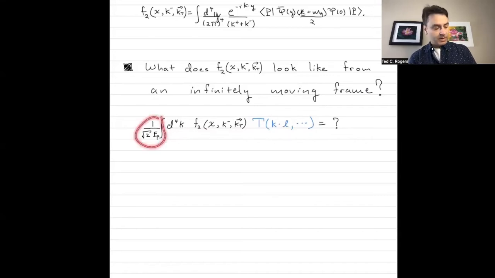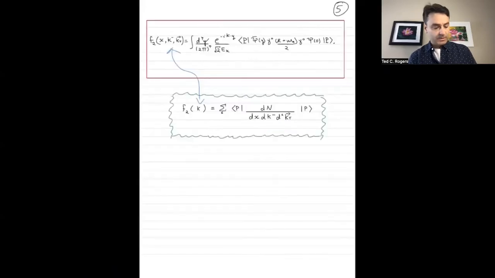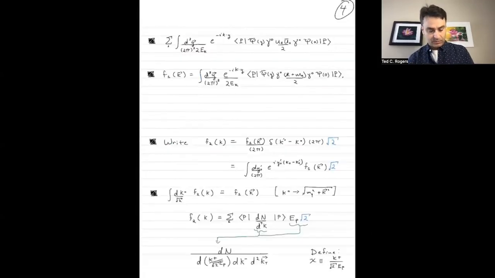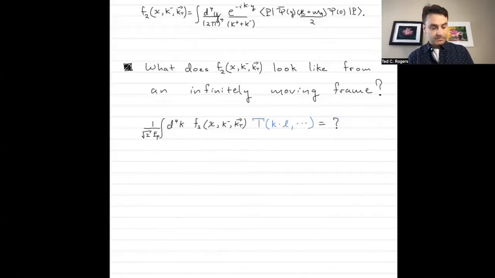Now I've put out here an explicit 1 over square root of 2 times EP, because remember how this density was defined. It's dn per unit of this stuff. So the plus component is represented by the x, which is k plus over square root 2 EP, if you recall back here from the last lecture. And so I've just pulled that out. That's all that is.